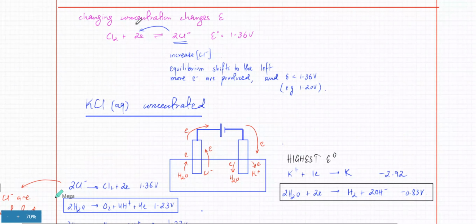If Cl ions are concentrated, this equilibrium would shift to the backward side and more electrons are going to be produced, and the potential would decrease. It would become lower, more negative. So it's going to be less than 1.36 volts.